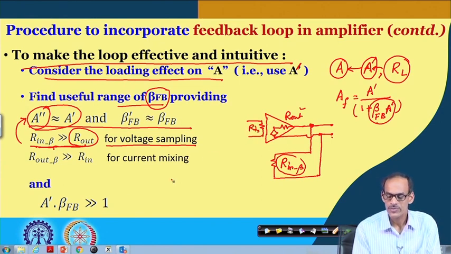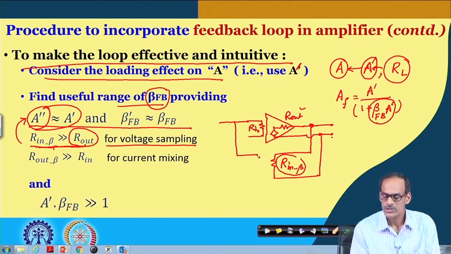On the other hand, if I consider the input resistance of the amplifier R in, and then we do have, say, current mixing, so this is shunt configuration, and then we do have R out of the feedback network beta.